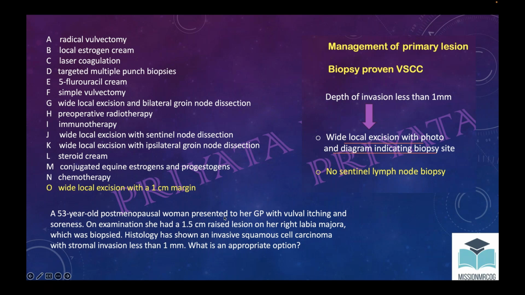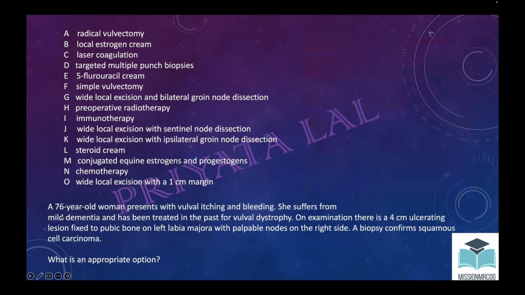So, a 76-year-old woman with vulval itch and bleeding, who suffers from dementia and was treated for vulval dystrophy. On examination, a 4 centimeter mass fixed to bone on the labia and palpable nodes on the right side. So, what should be the answer?